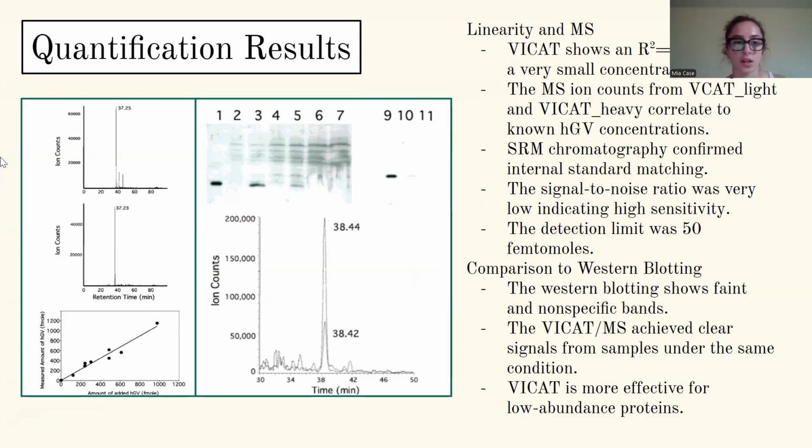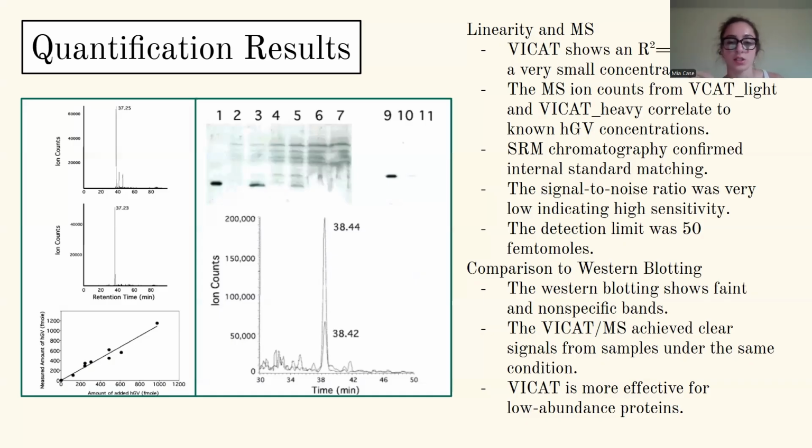The chromatograms right here showed tight coelution of light and heavy labeled peptides, and the signal to noise ratio exceeded 200. So that was also very good and showcased more of the sensitivity. The results validated the accuracy, the precision, and the reproducibility across a varying range of concentrations.